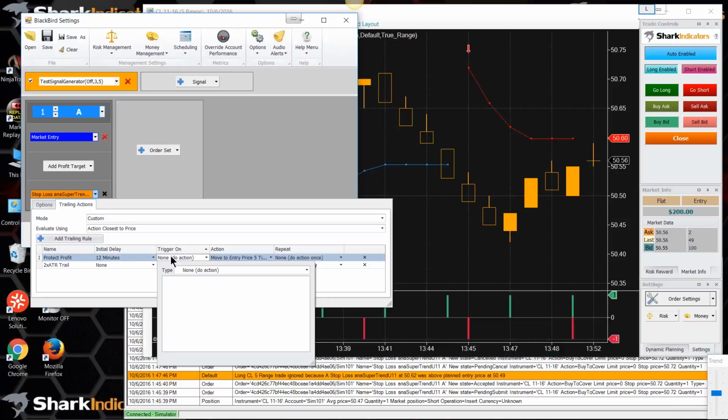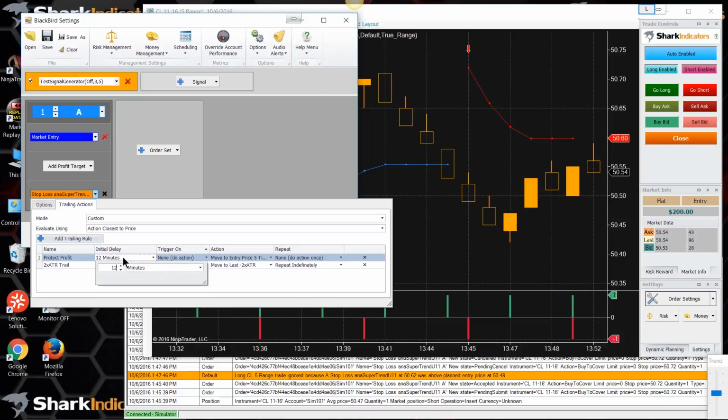So think of triggers as logical events. Triggers are basically simple logical events, whereas a delay says you have to wait until the delay is over.